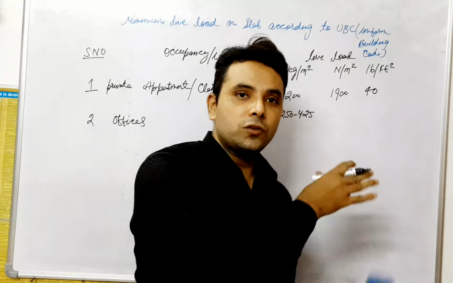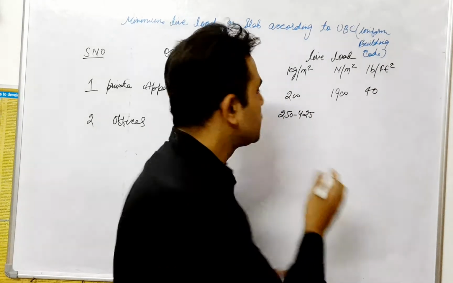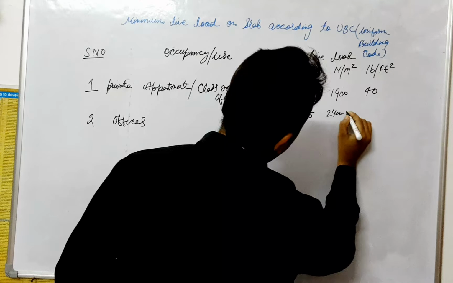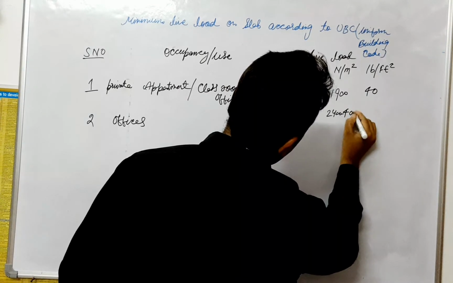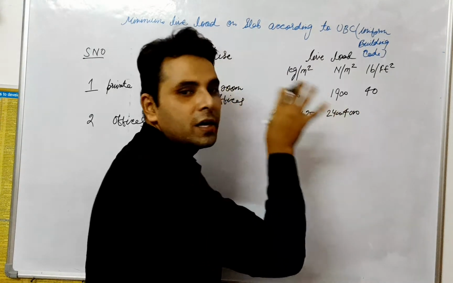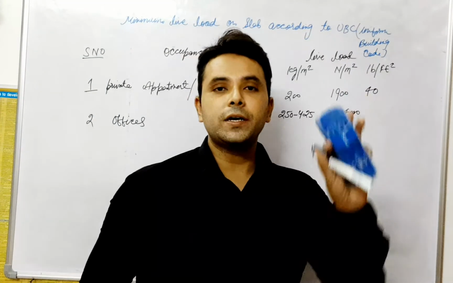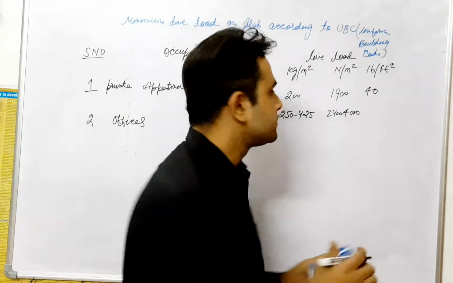Clear? In the case of Newton per meter square, you have to take 2400 to 4000 Newton per meter square, and in the case of pound per square feet, you have to take 50 to 85.